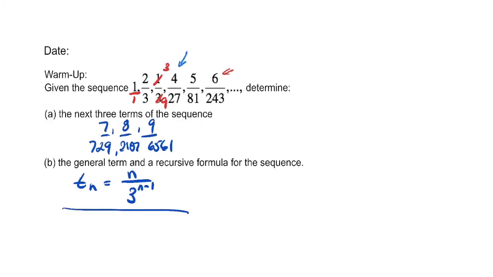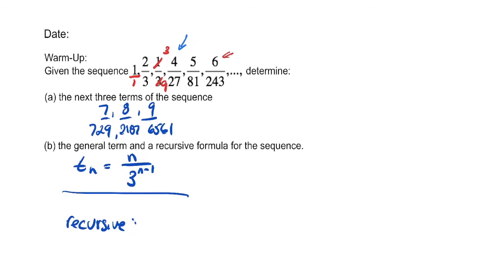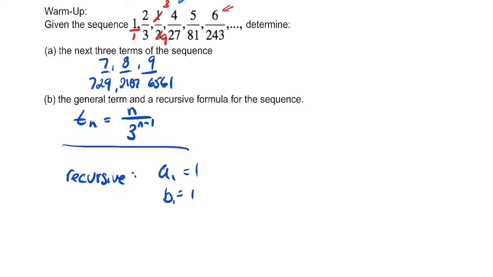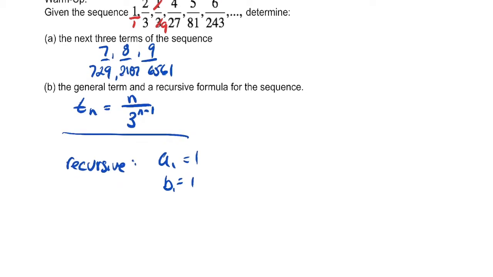So for the recursive formula, we can say something like a of 1 is 1, b of 1 is 1. That's our starting point, and then in general, T of n is a fraction. A is going to represent our numerator, B is our denominator.